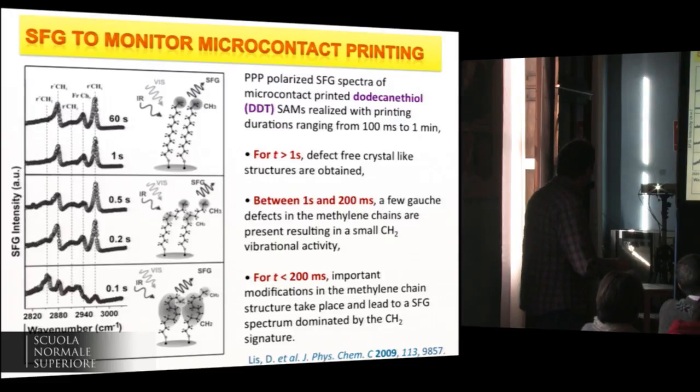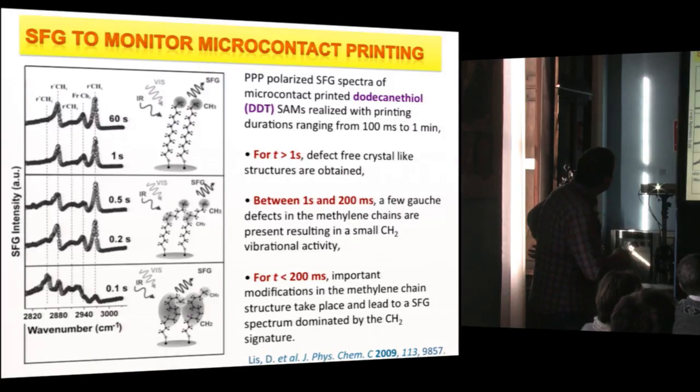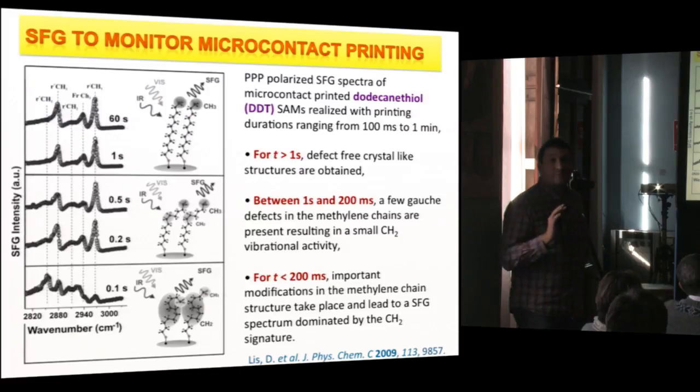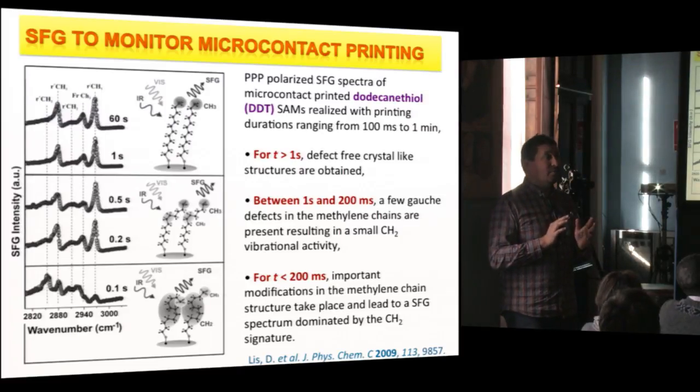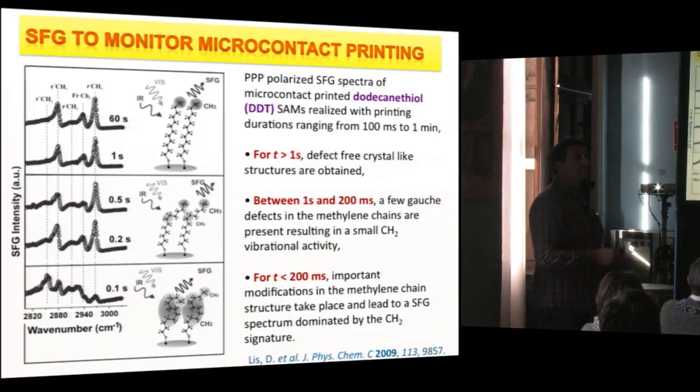So here you are in the CH stretch vibrational frequency region. You see that at very small time after deposition, you have quite a complex signature. And if you go to longer and longer time, you see that your signature becomes a bit simpler. You have much fewer peaks in the spectrum.